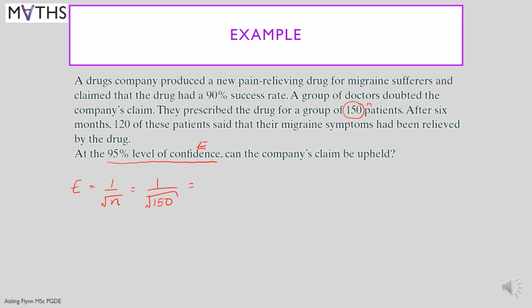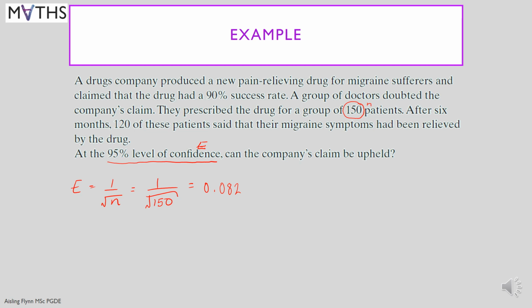Let your calculator calculate that. 1 divided by the square root of 150 gives 0.082, which is 8.2%.